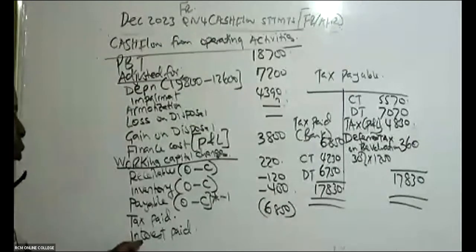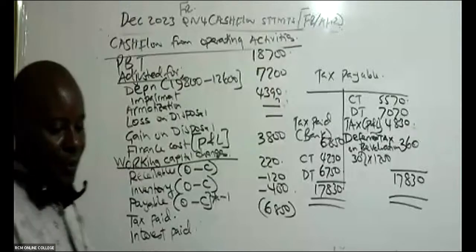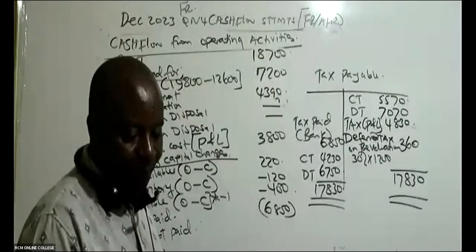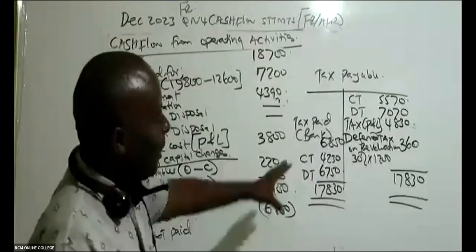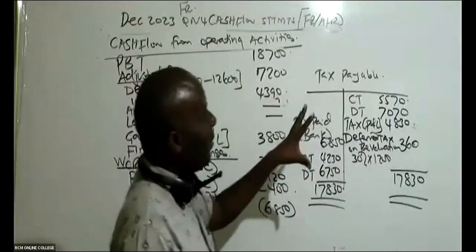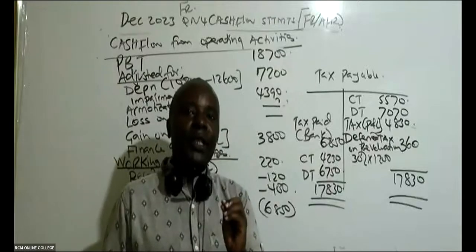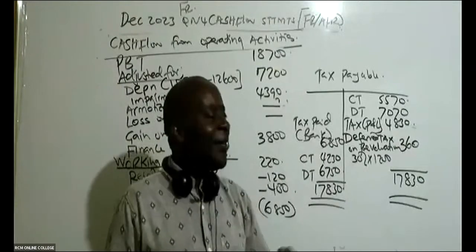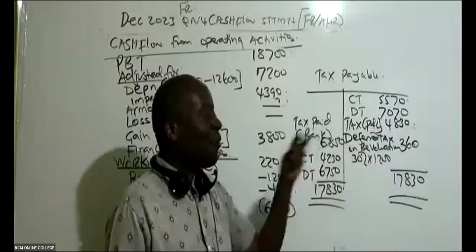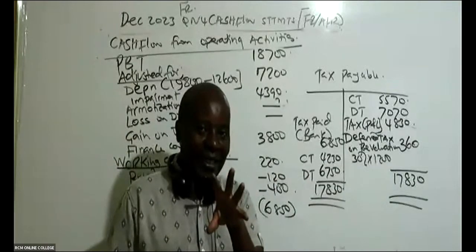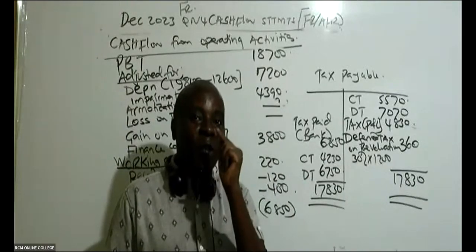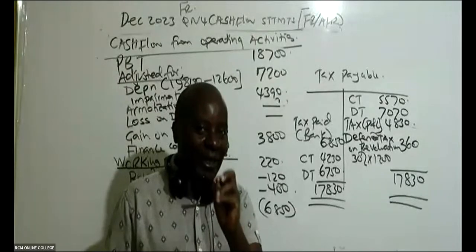And then you'll be able to go to the interest paid. For the number of years I've marked CASNEB exams and taught this CASNEB paper, very few students are able to, first of all, combine the two accounts. Whenever it comes to tax payable, you combine current tax and deferred tax.